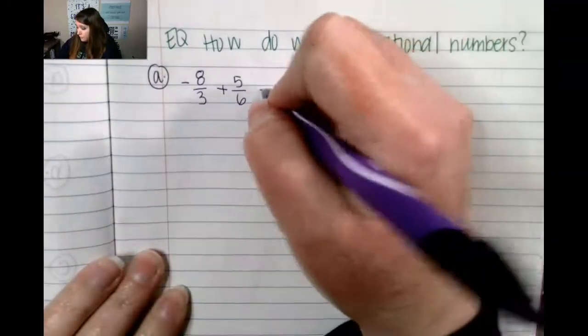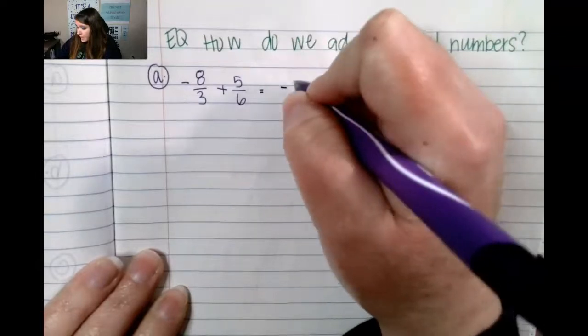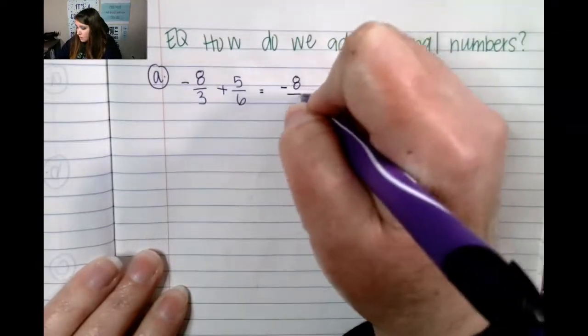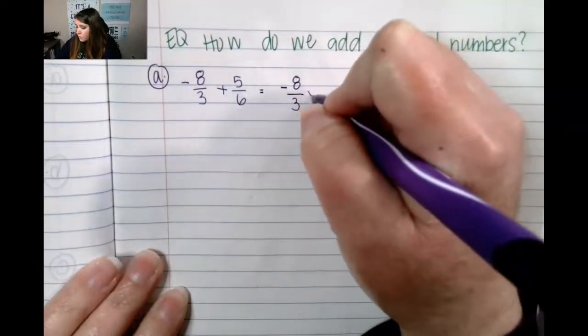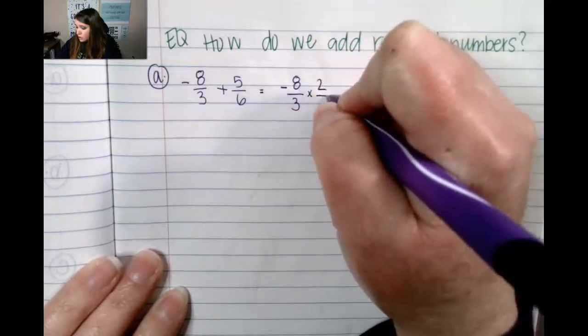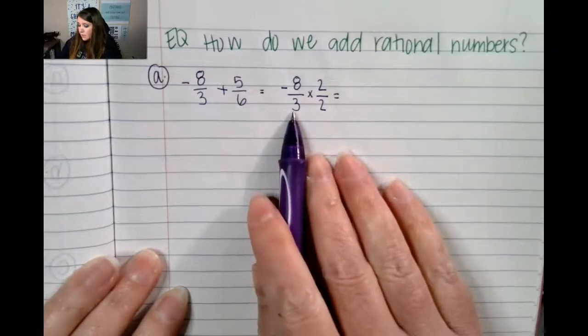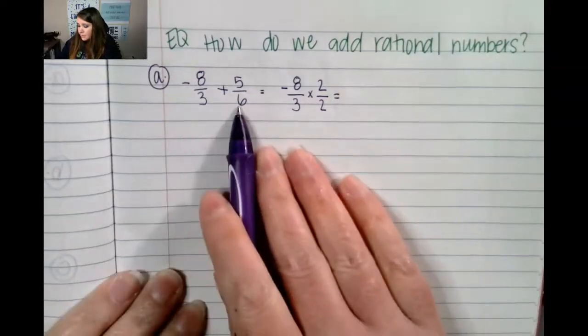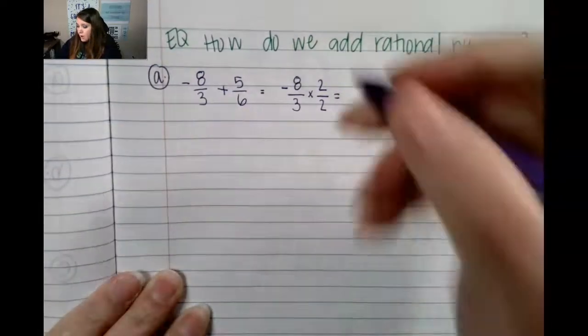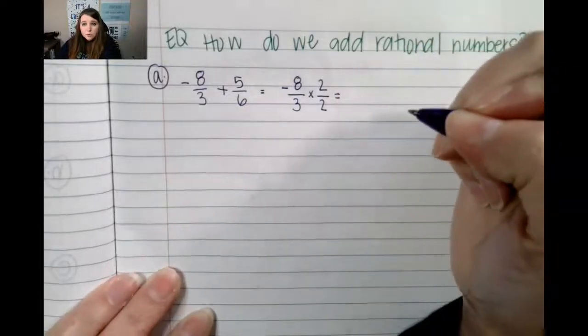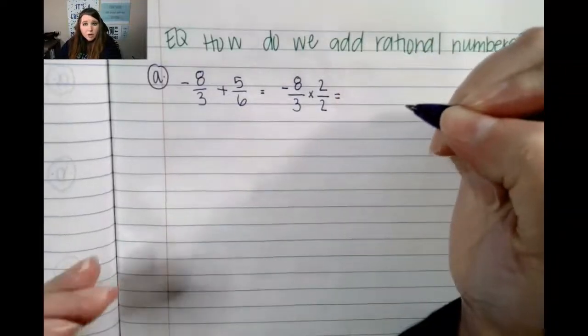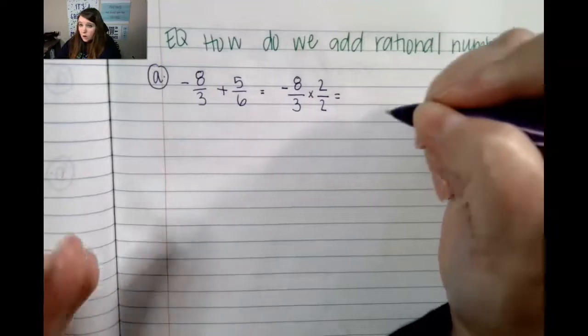So we're going to take negative 8/3 and we're going to multiply it by 2/2. The reason why is because to get from 3 to 6, we have to multiply by 2. And what you do to the bottom, you need to do to the top.